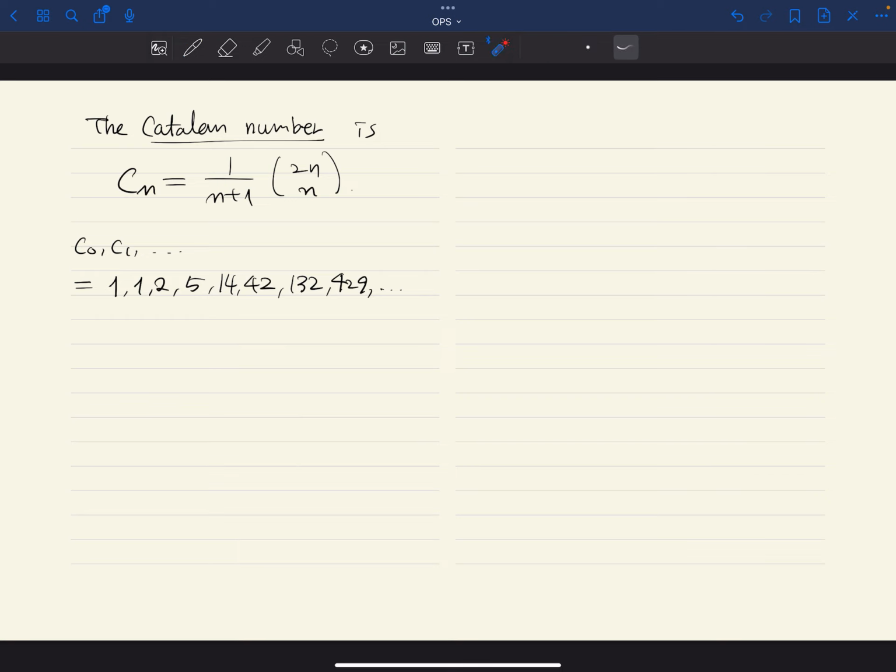So Catalan numbers are one of the most well-known numbers in combinatorics. It appears like everywhere. So there's a famous mathematician in combinatorics, Richard Stanley, and he collected more than 200 combinatorial objects counted by Catalan numbers.